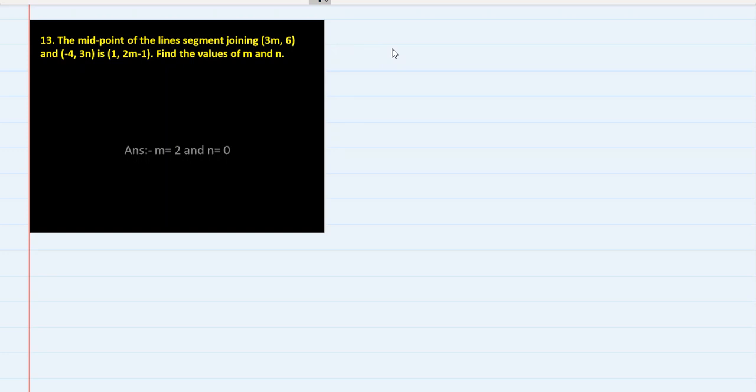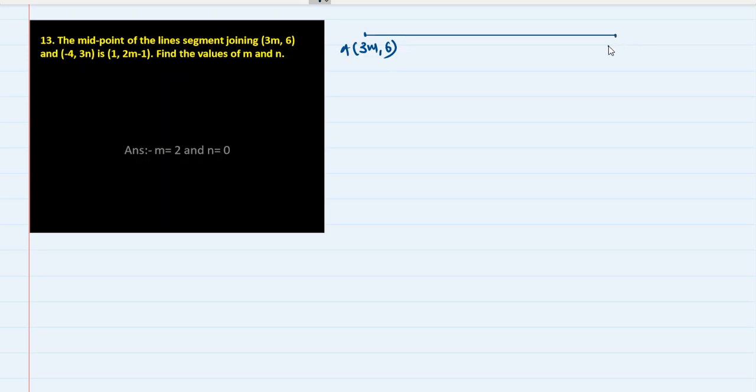The midpoint of line segment joining 3m, 6 and minus 4, 3n is 1, 2m minus 1. Find the values of m and n. I feel this is a problem of simultaneous linear equations or linear equations in two variables. Can be done easily. Let's first draw a line and show the situation. Always drawing a line in midpoint and section formula is a good idea. Okay, so point A is 3m, 6.